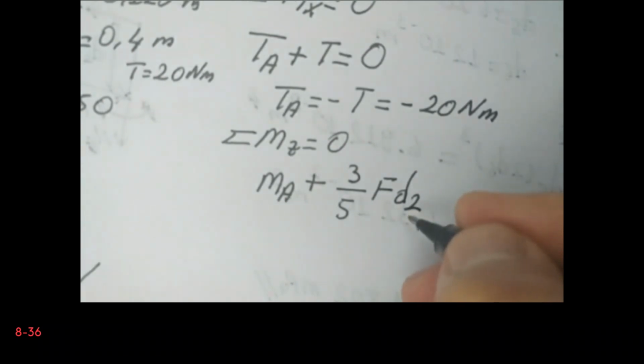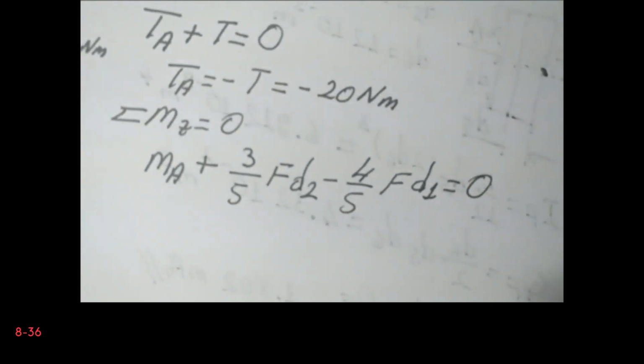So that is minus 4/5 F multiplied by d1, and this is equal to 0. Now from here we can calculate the MA.